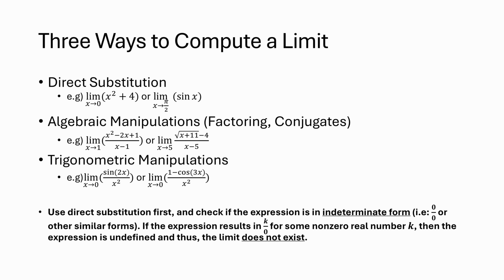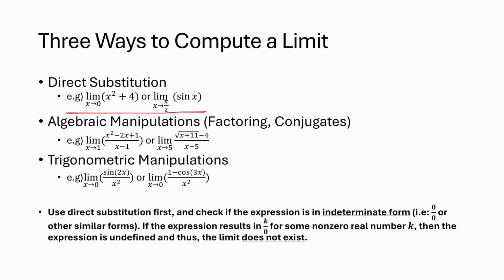There are mainly 3 ways to compute a limit. First, by direct substitution, as explored in the quadratic function example, x squared minus x plus 1. Some examples where you can directly substitute these values are the limit as x goes to 0 of x squared plus 4, or the limit as x goes to pi over 2 of sine x. The second way is algebraic manipulation, which includes factoring and using conjugates.